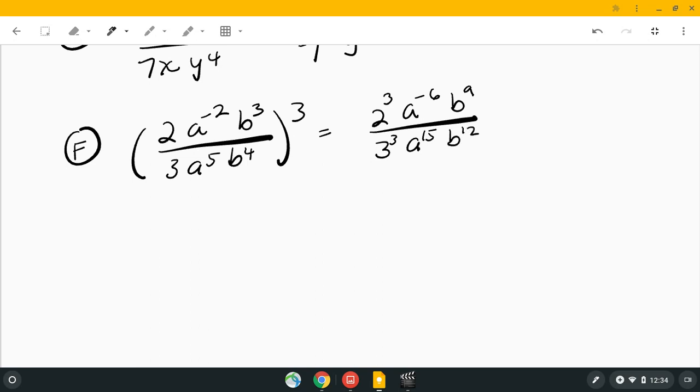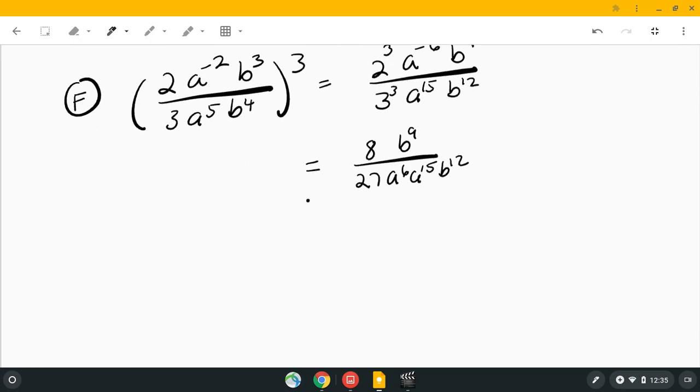And then I like to take care of my negative exponents. I like to move them. 2 to the 3rd is 8, so I'll take care of that as well. And 3 to the 3rd is 27. So b to the 9th will stay, but a to the 6th will move down. a to the 15th will stay, and b to the 12th will stay. The only thing I did here was multiply this out, and I moved my negative exponent.